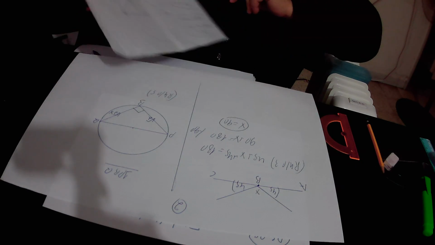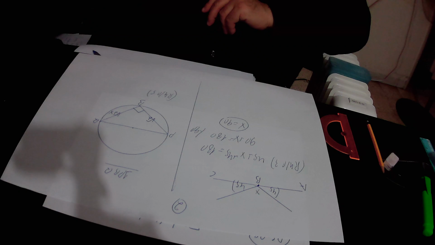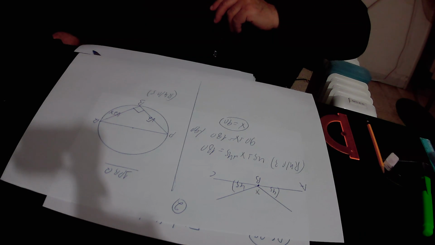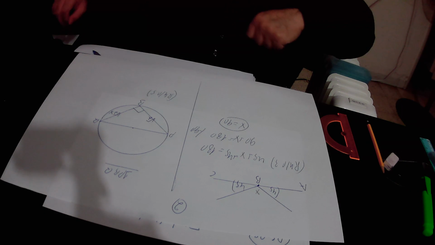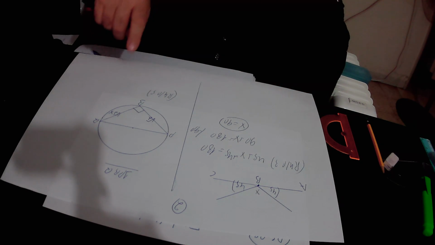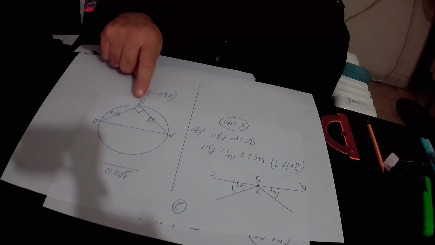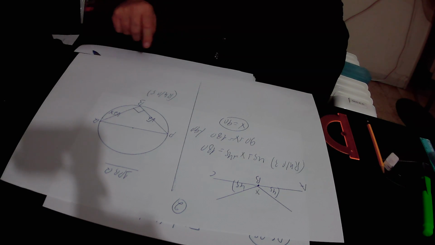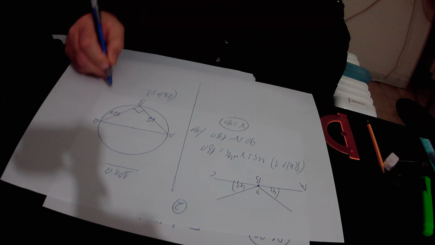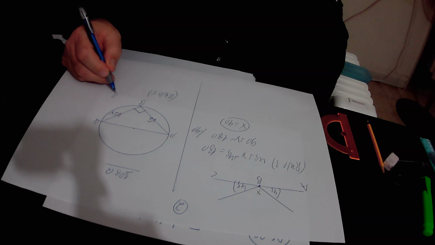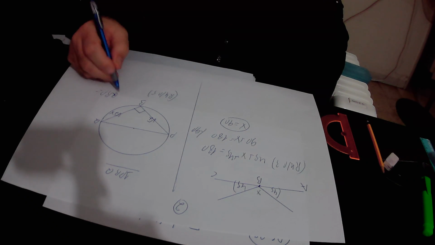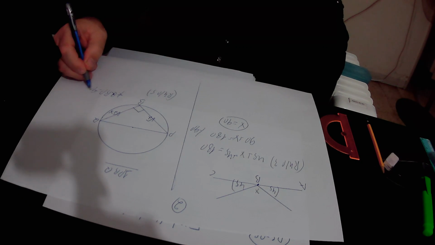We can actually implement rule number 5 in our drawing. Why? Because in our drawing we have the peripheral angle QBP that is equal to 90 degrees in its size. So I write it down. Peripheral angle QBP equals 90 degrees in its size.